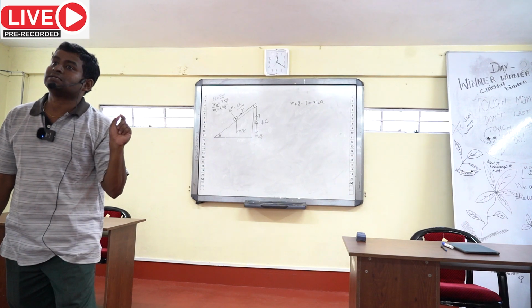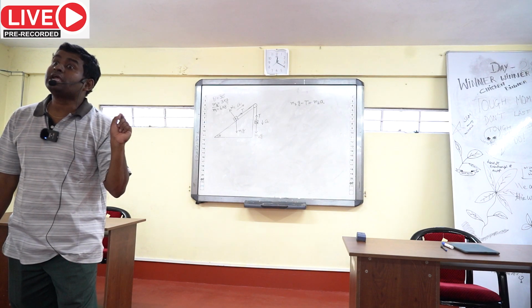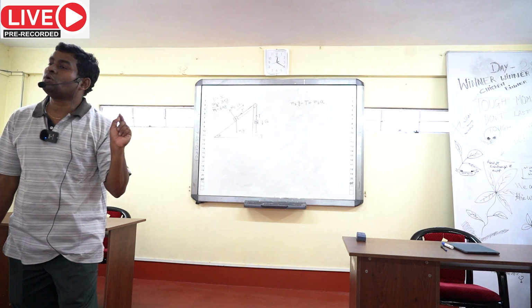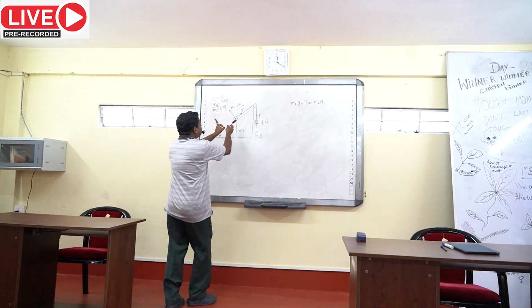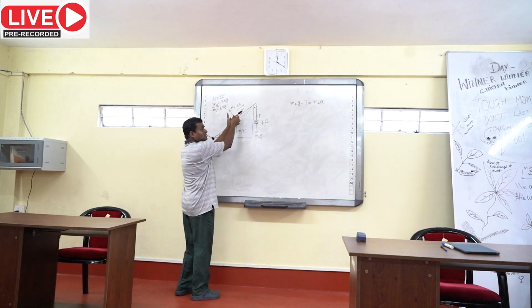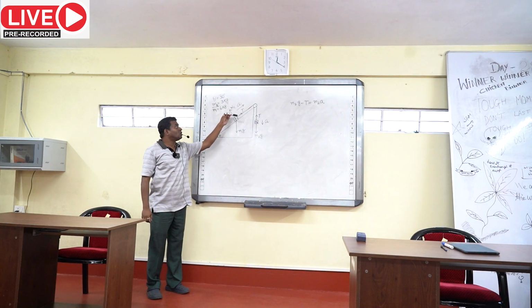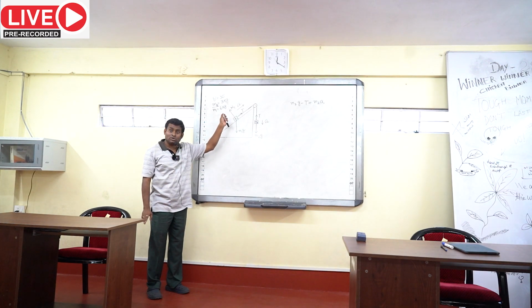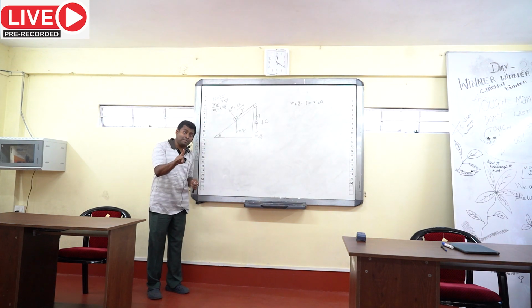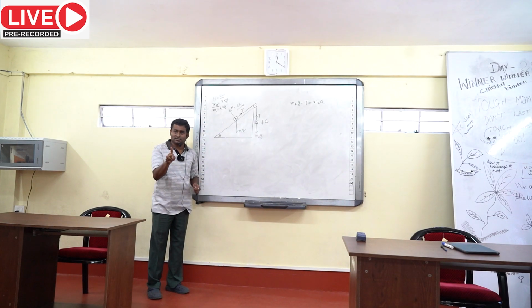Which one has effect? Weight has effect, but normal reaction has no effect, because normal reaction is perpendicular to the direction of acceleration. But M1g is not along the acceleration, and not perpendicular to the acceleration either. So it has some effect, not the complete effect.